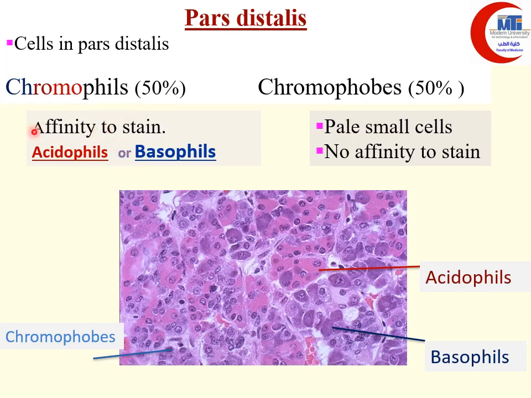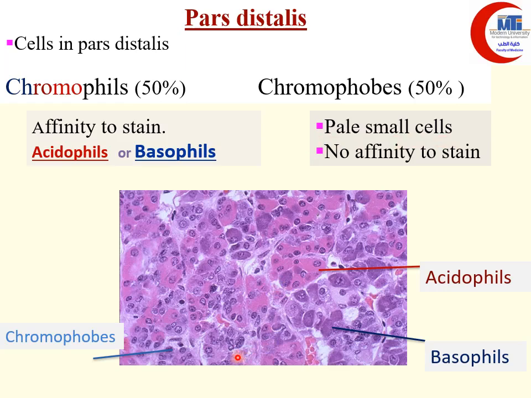Chromophobes have no affinity to stain, so these cells appear pale by light microscope, small cells.